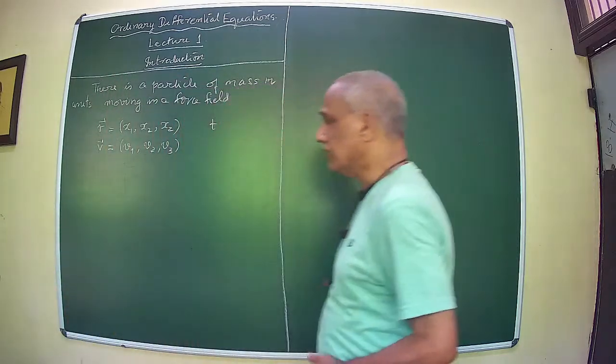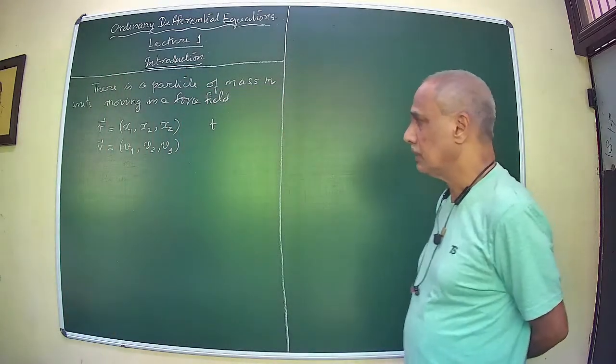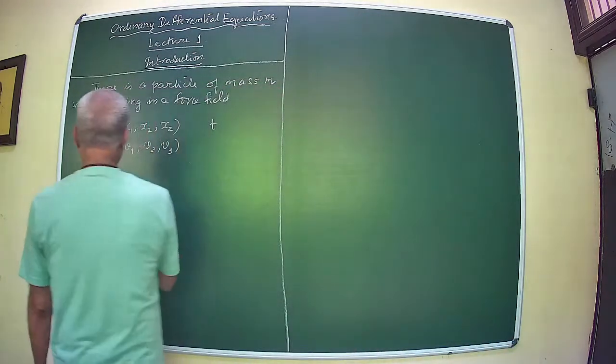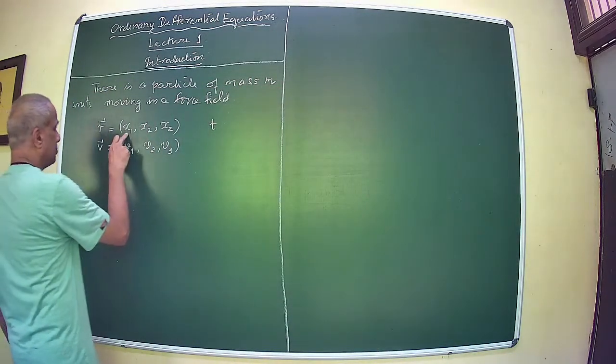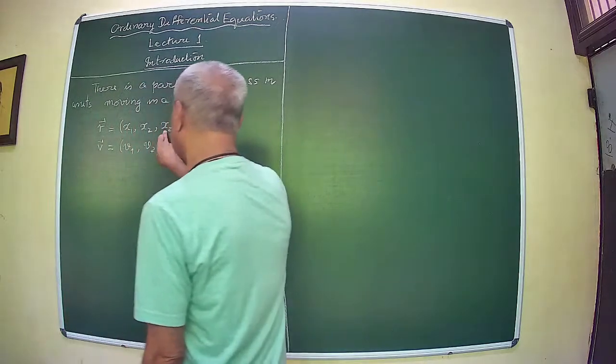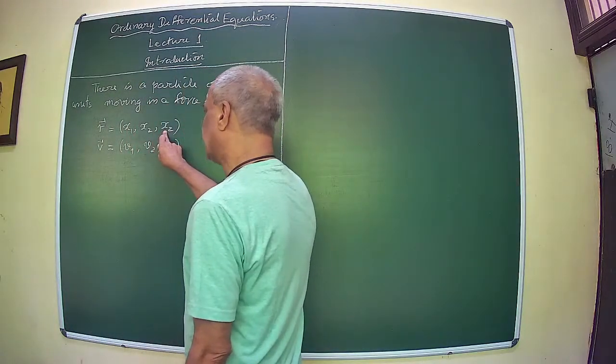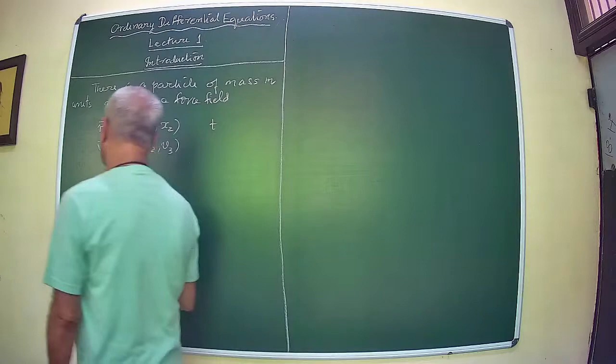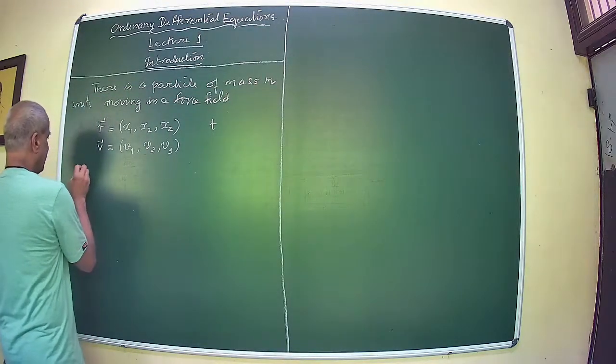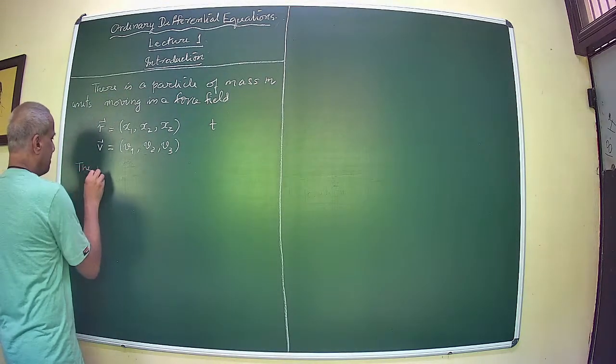So generally the position vector r(t) is given by x1(t), x2(t), x3(t). Okay, so that describes the position of the particle.